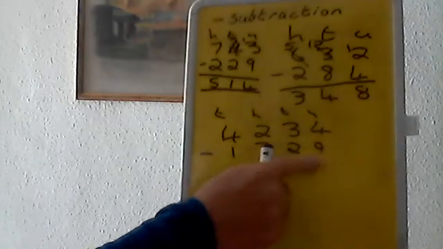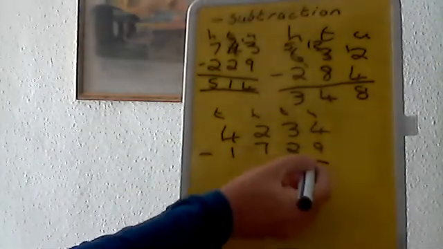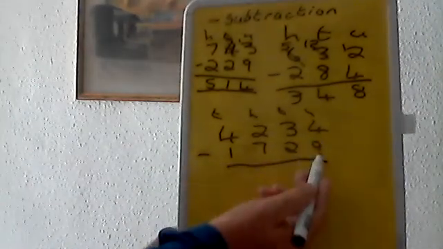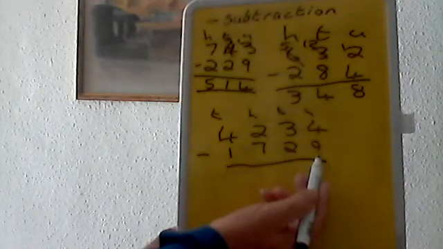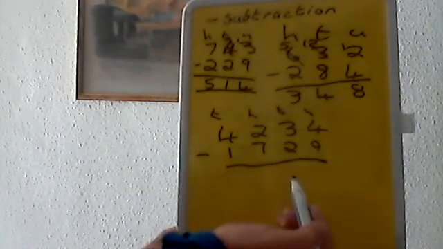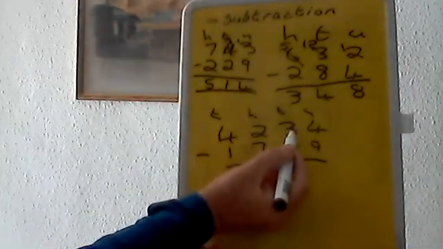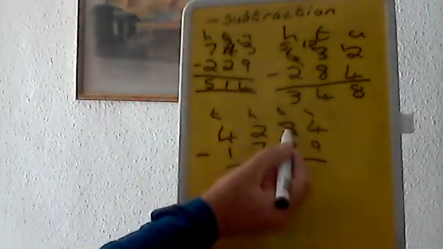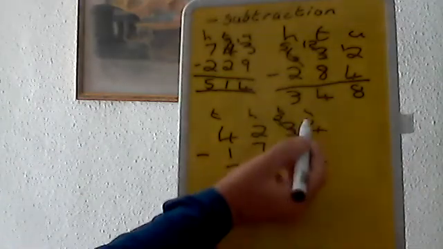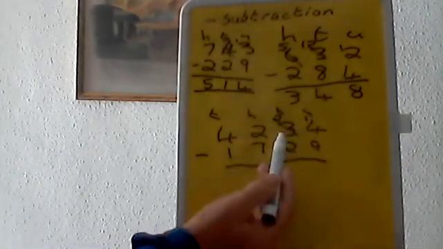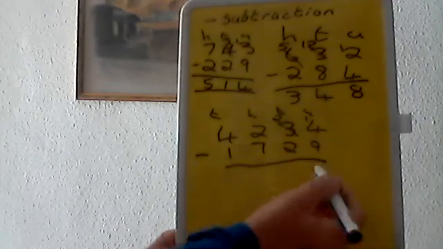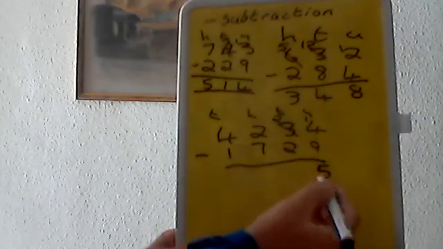I've got 4 units minus 9 units. Can't do it. So you can come to here, there's 3 tens there, make that into 2 tens, and put the 10 that I've taken away over here. Now I've got 14 minus 9. That's easier. I can do it now.